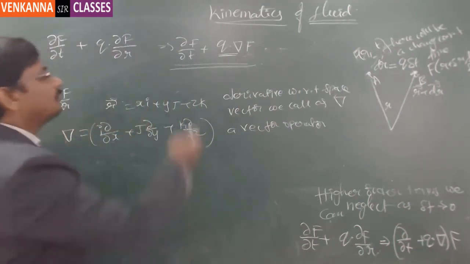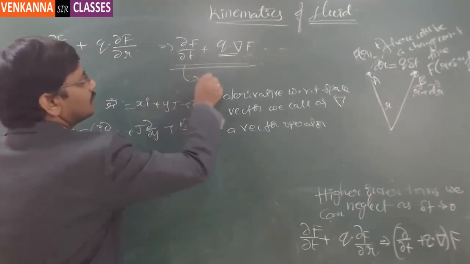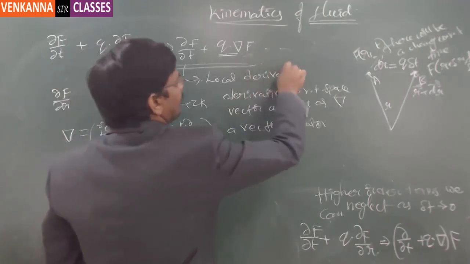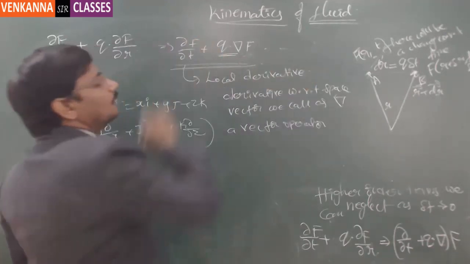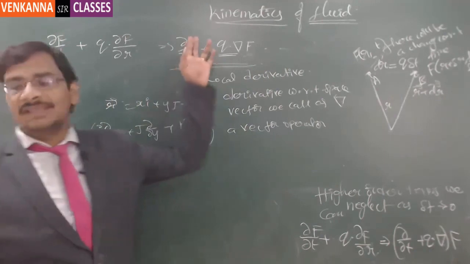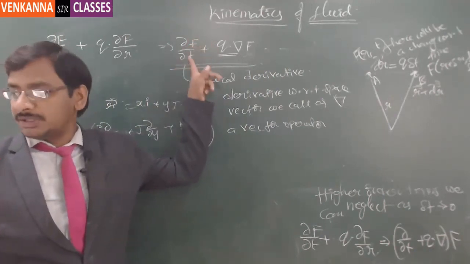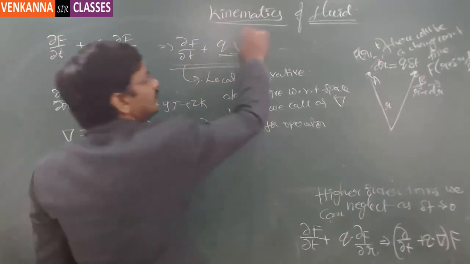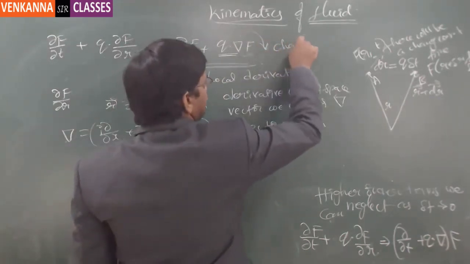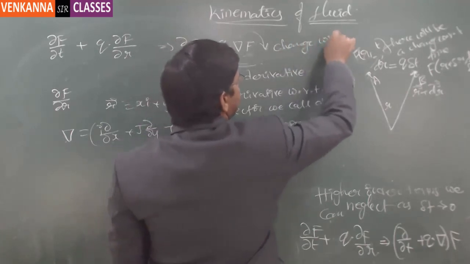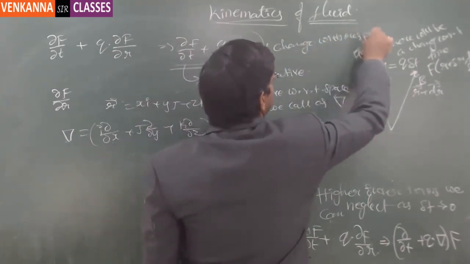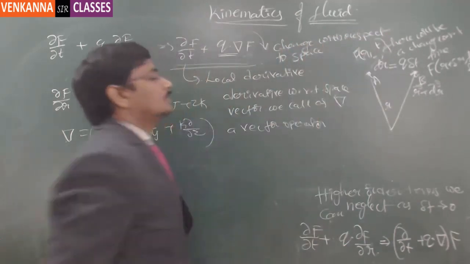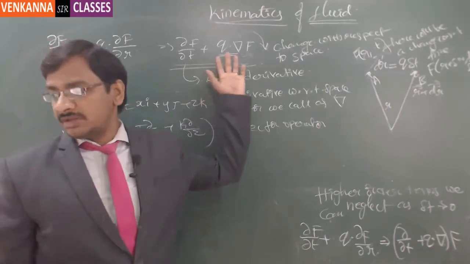So if you notice, this part is nothing but the local derivative, because the fluid property is f. This f is changed from the same location with respect to time alone. And this is the change with respect to space. So change because of the time and change because of the space.